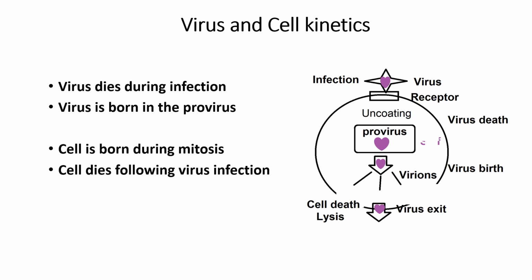And this uncoating causes death of the virus, because uncoated virus is dead. So virus is born. After uncoating, the provirus or prophage is activated, and it creates virions, and this is where the virus is born. Virus is born in a provirus.